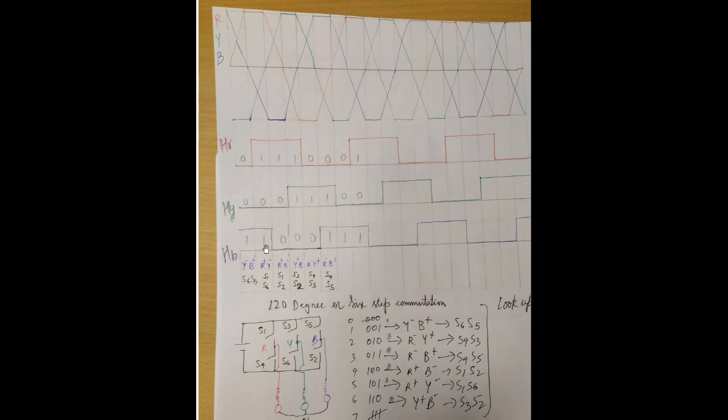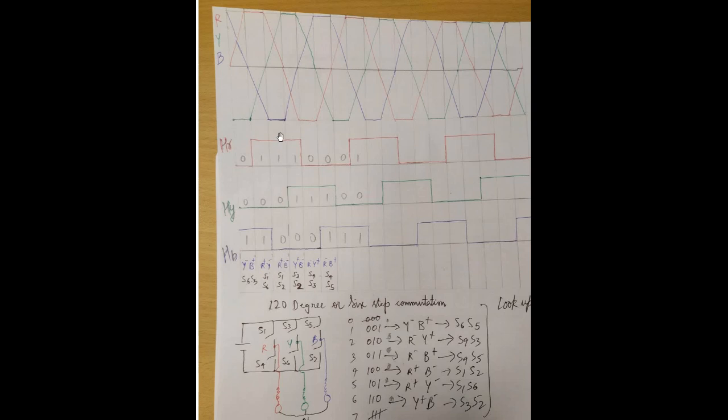For the second phase, as we have Y negative already conducting in the previous 60 degree commutation period, we will continue that phase so that it conducts for 120 degree electrical. Also we must remember that since each phase is conducting for 120 degree electrical, only two phases are conducting at any instant of time or at any point of rotation.